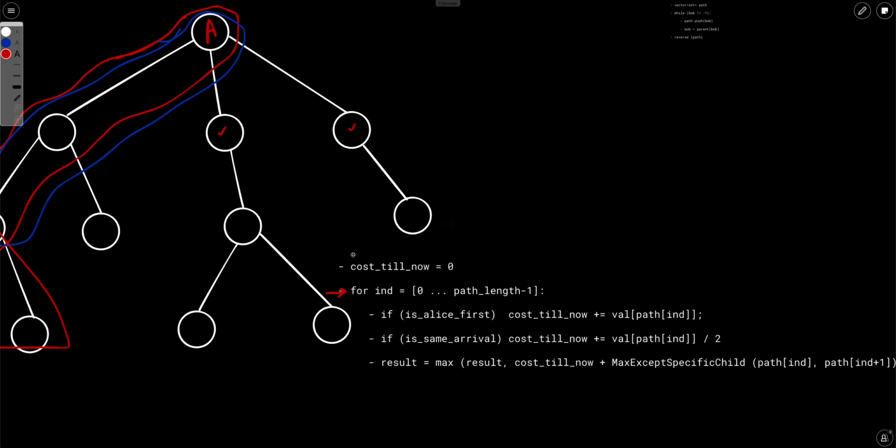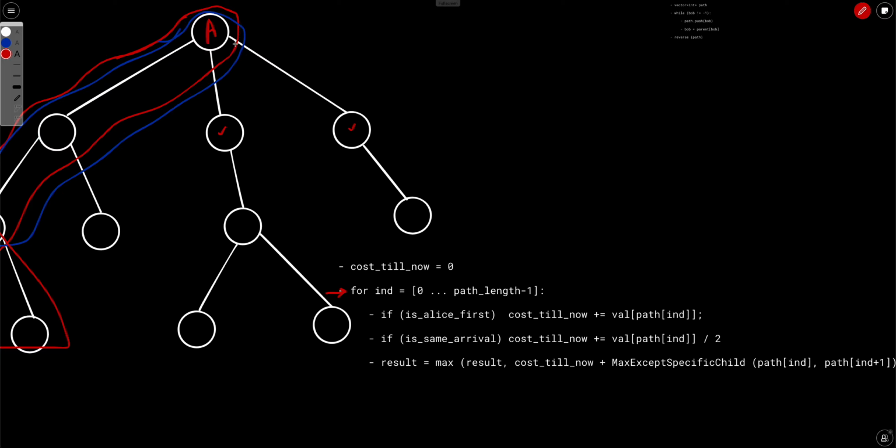So what we will do, because we are sharing some prefix, right? We will just maintain the cost of that particular prefix. So we'll just say that, okay, what is the cost up till now? As we are incrementing, initially we'll consider up till the zeroth index, then we will consider up till the first index, and then up till the second index.